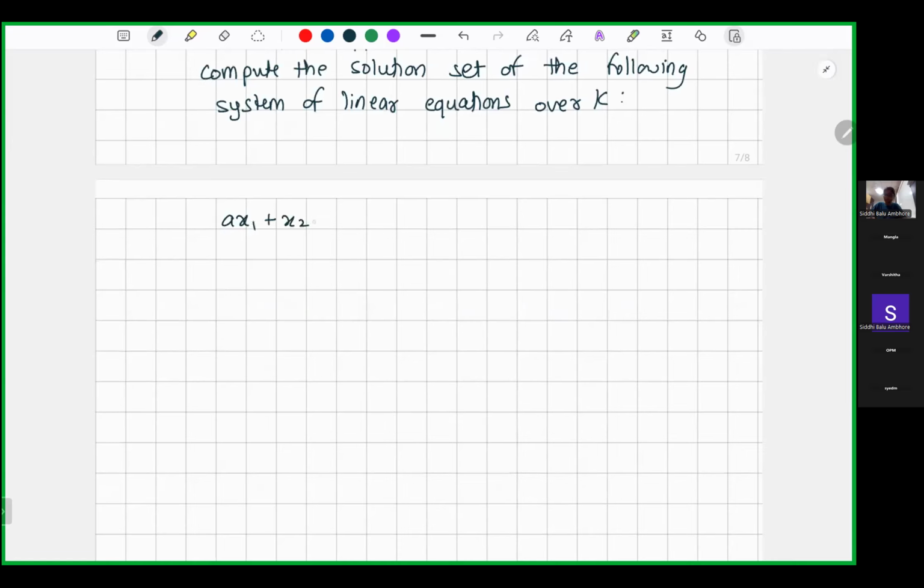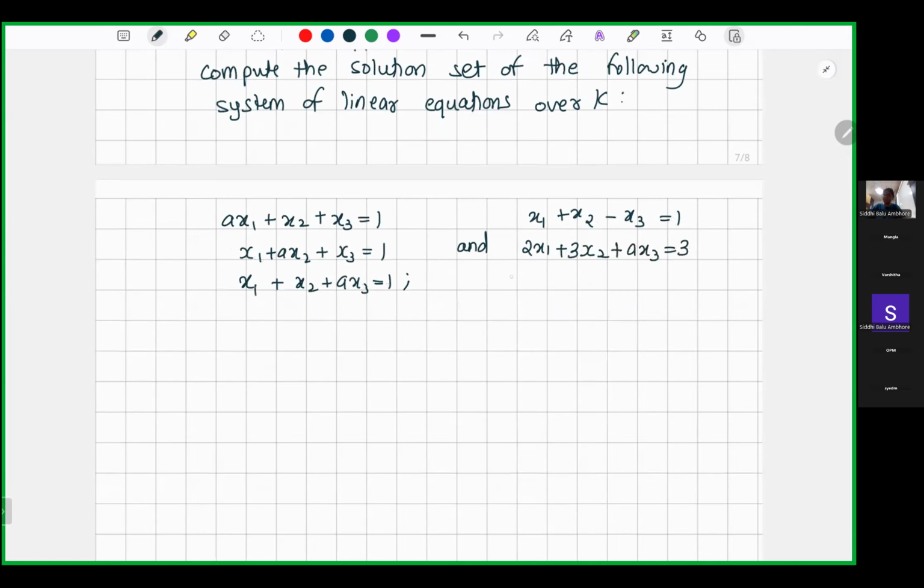The systems are: ax1 plus x2 plus x3 is equal to 1, x1 plus ax2 plus x3 is equal to 1, and x1 plus x2 plus ax3 is equal to 1. This is 1, and x1 plus x2 minus x3 is equal to 1, 2x1 plus 3x2 plus ax3 is 3, and x1 plus 3x3 is 2.